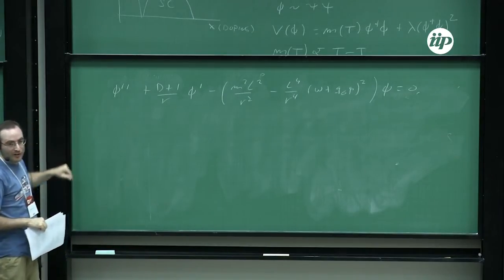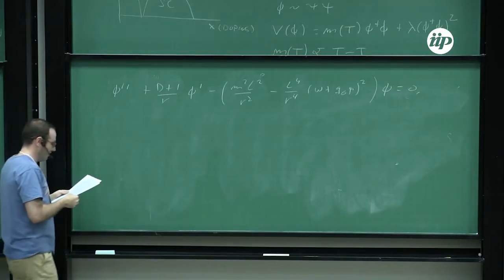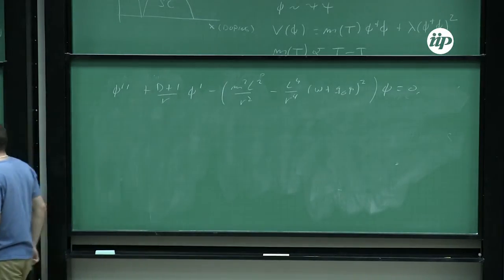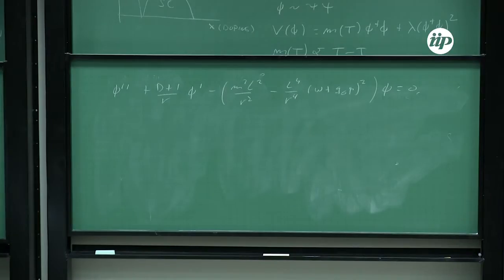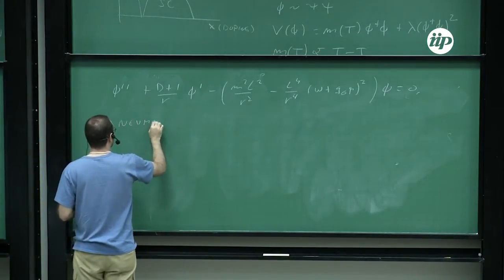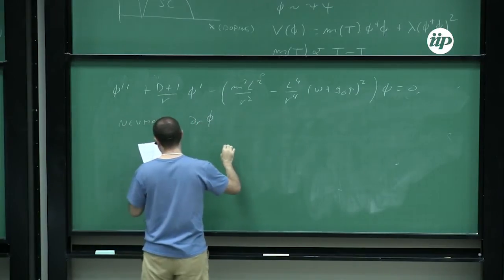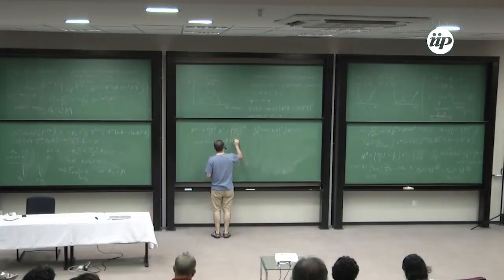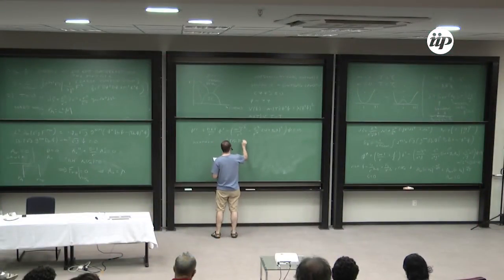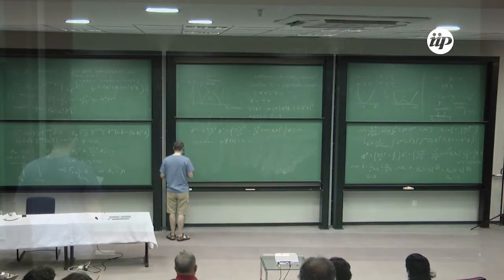I have to impose boundary conditions on the hard wall. If you had a horizon, you would impose the ingoing boundary condition at the horizon, as I was telling you before. Here, I'm going to impose a Neumann condition. So you will see later that this works well. So just the radial derivative of the scalar field at the hard wall vanishes.